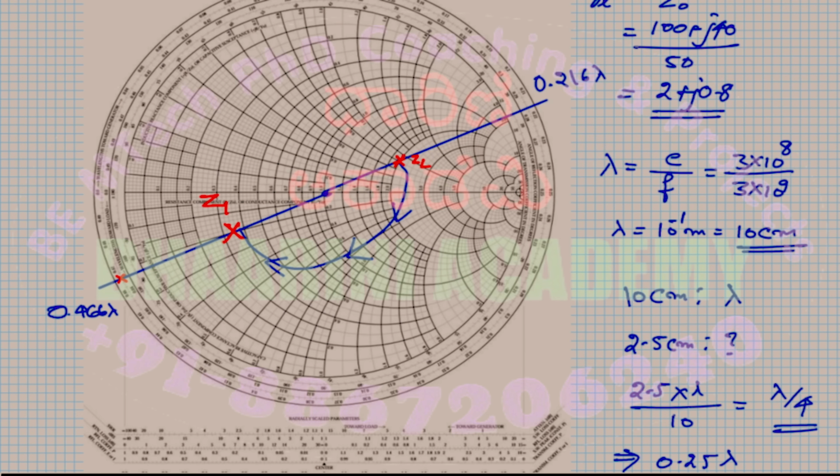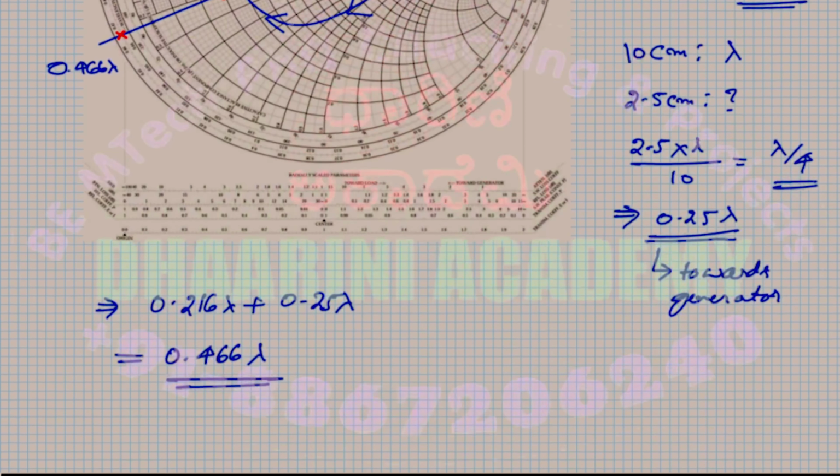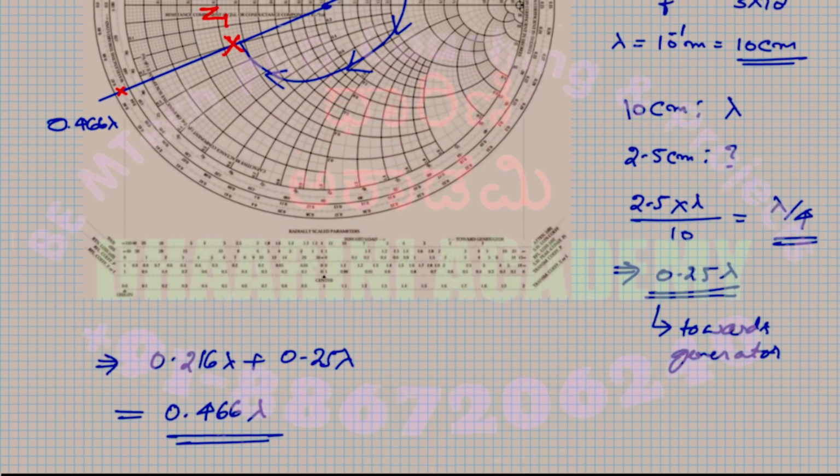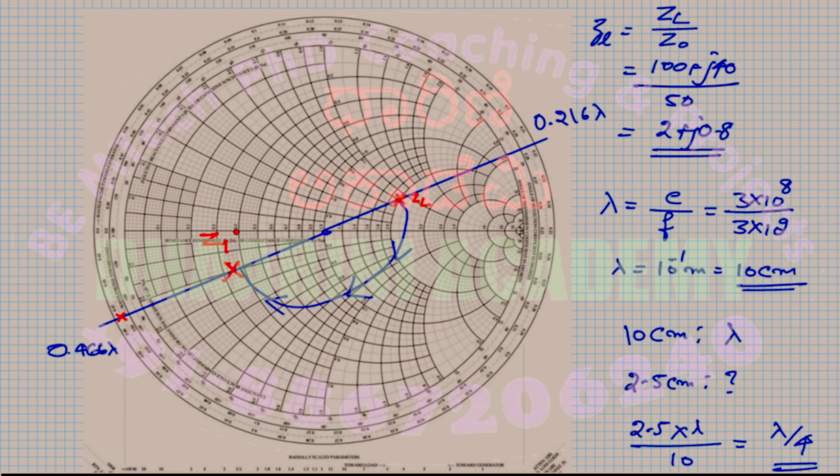So the Z1 value is, this is what you are getting. Okay, I'll write here on the graph itself. So Z1 equal to 0.34.